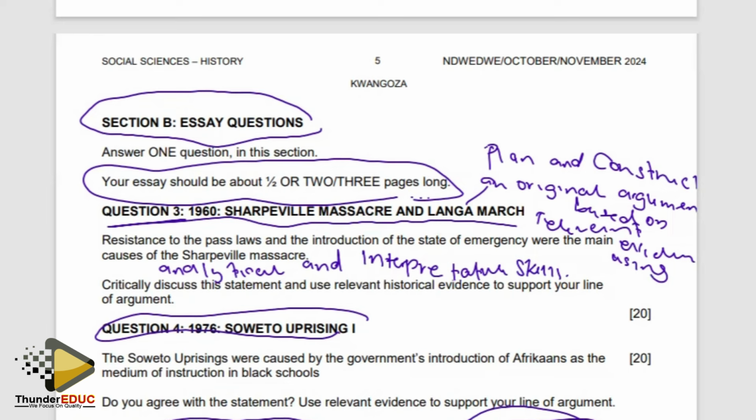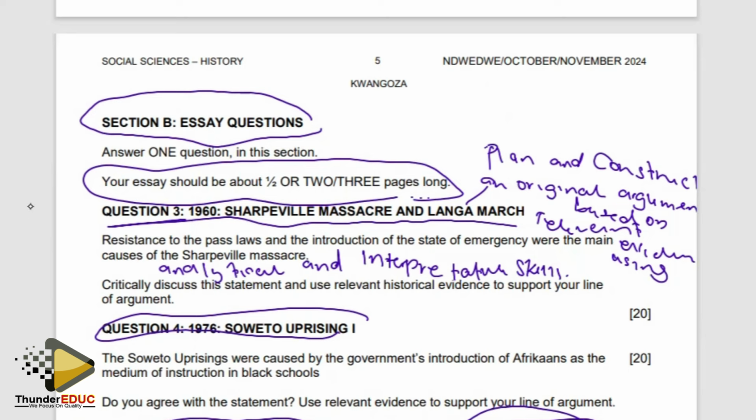In the introduction, you need to plan and give an original argument based on the relevant evidence using analytical and interpretative skills. You also need to agree or disagree with the statement that the resistance to pass laws and introduction of the state of emergency were the main causes of the Sharpeville massacre.